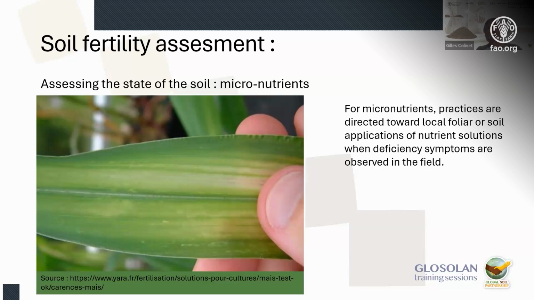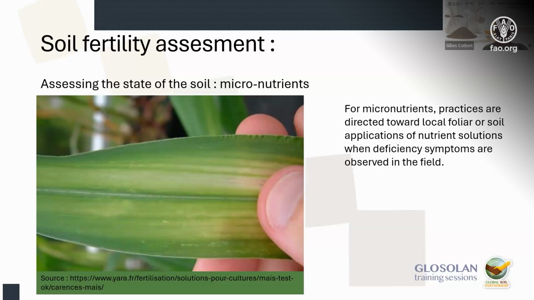And so for micronutrients, usually you wait until you have a diagnostic of the leaves that tells you that you have deficiencies, such as here a photo of a deficiency in the maize leaves. So it tells you that you miss some elements, and then after, I think it was for zinc.